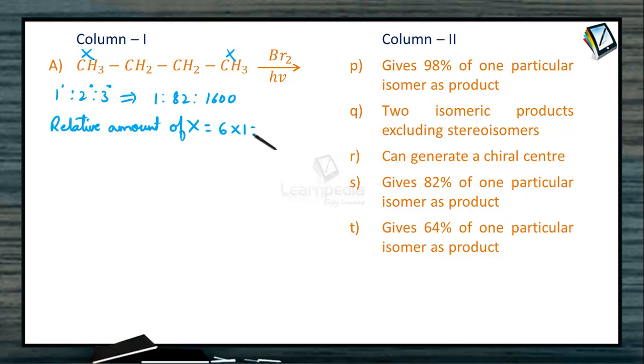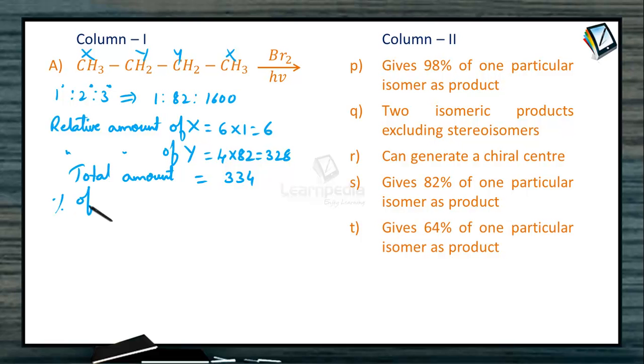So the relative amount is equal to 6. Then the relative amount of Y which is formed by the replacement of one of these secondary hydrogens. And the number of secondary hydrogens is 4 and its relative reactivity is 82. And this becomes 328. So here the total amount becomes equal to 334.